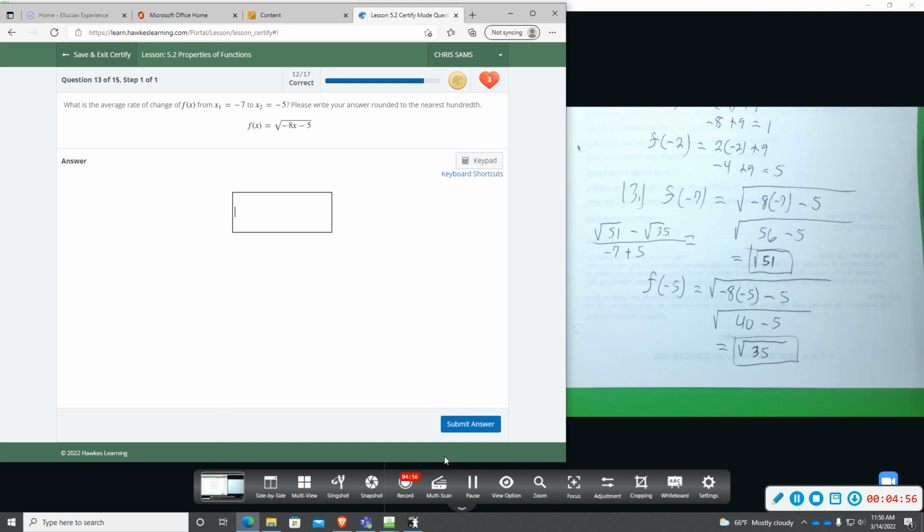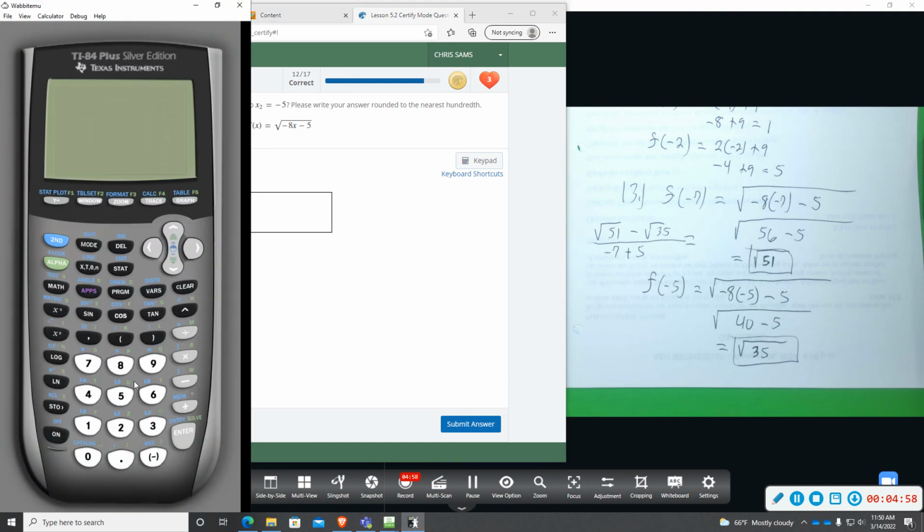So calculator, let's clear out all of this.